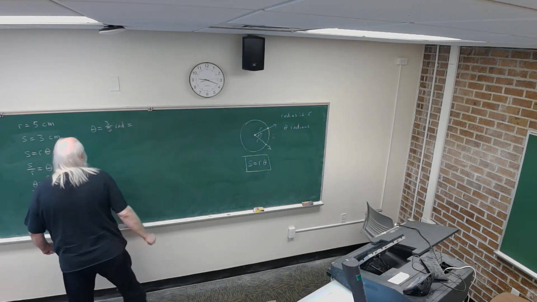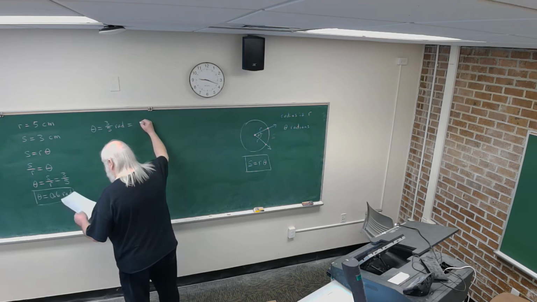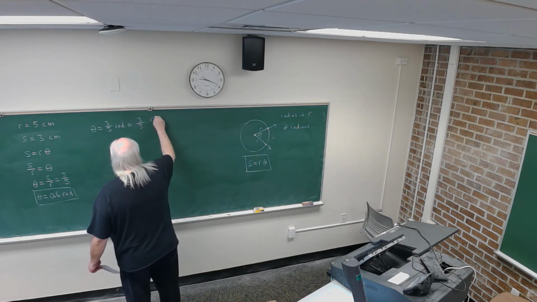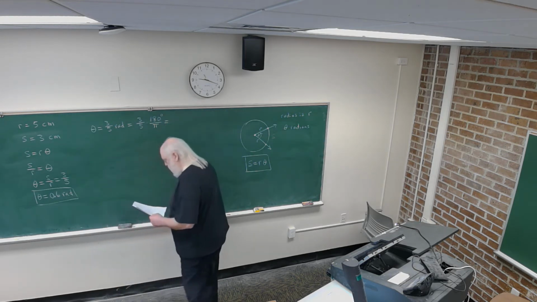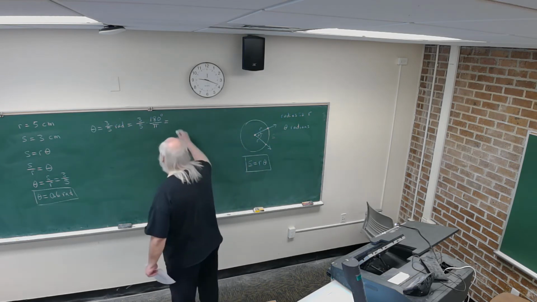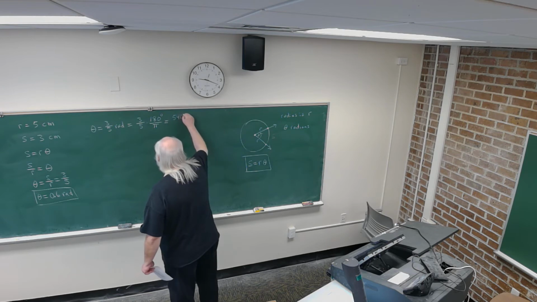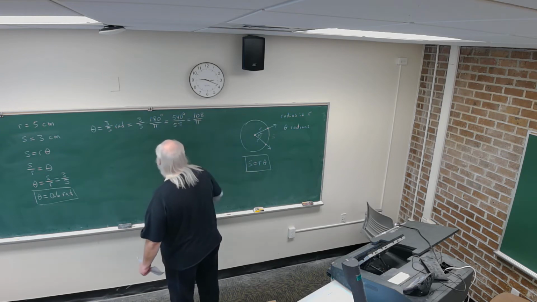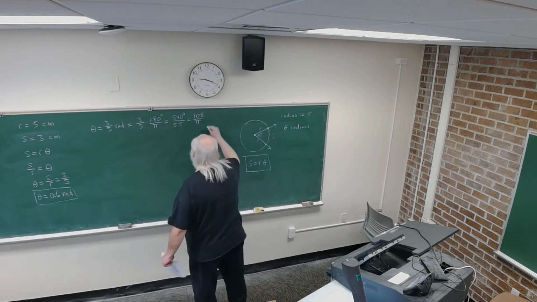To find the angle in degrees, we multiply it by 180 over pi, right? So this is equal to 540 over 5 pi, which is equal to 108 divided by pi... 5 goes into 540 108 times.